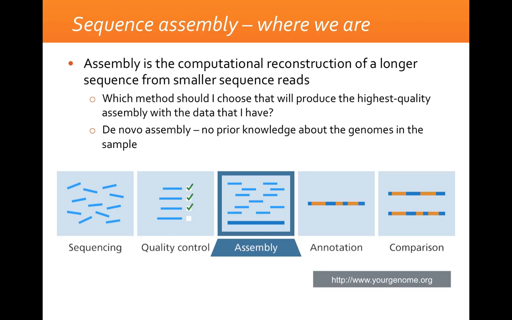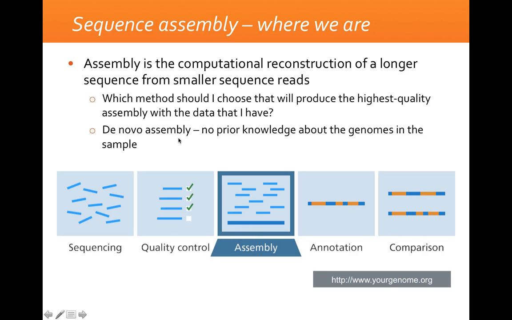And so the assembly is the process of putting all the sequences together into larger fragments. Normally, if you've done quality control and filtering, you will probably like to do it on the good quality reads that you obtain from this.